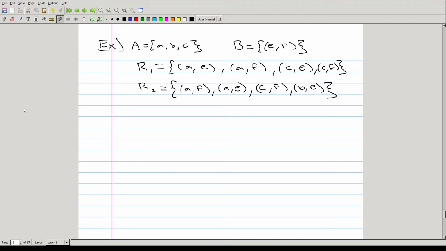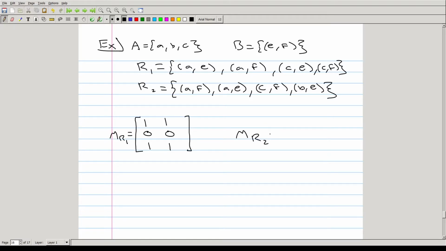The matrix that represents R1 is going to be 3 by 2, and it's going to be the matrix where AE is in the relation, AF is in the relation, there's no B, so no value with the starting value of B, and then CE is in the relation and CF is also in the relation R1.